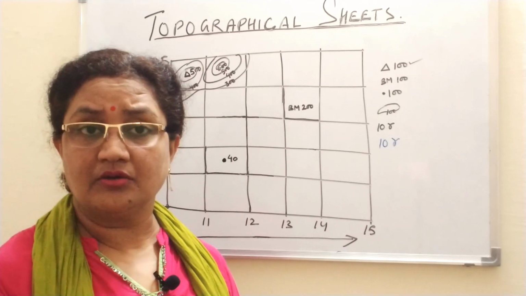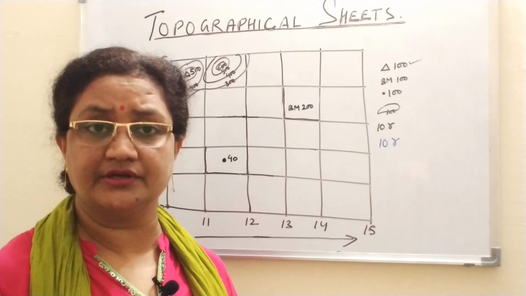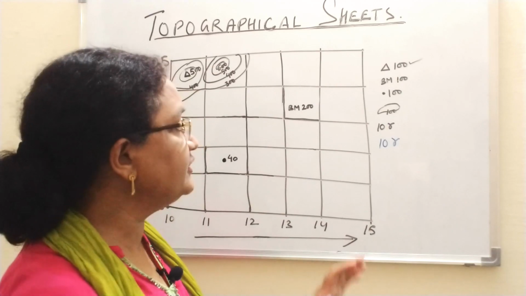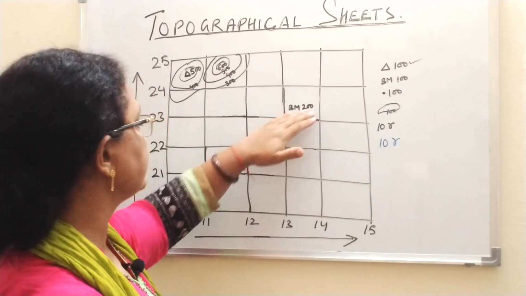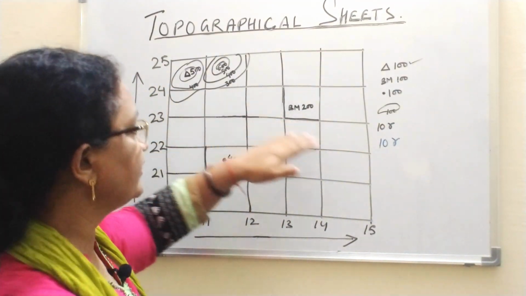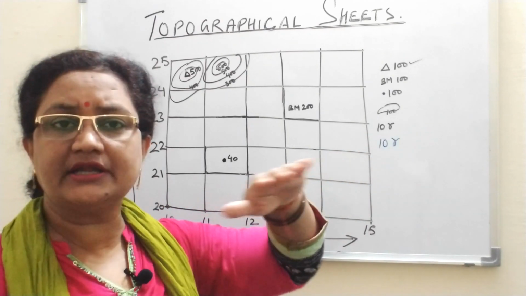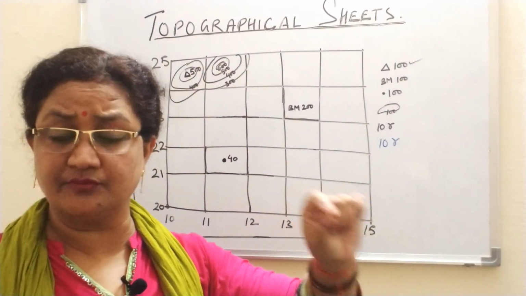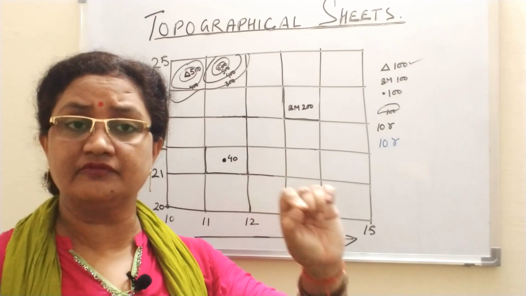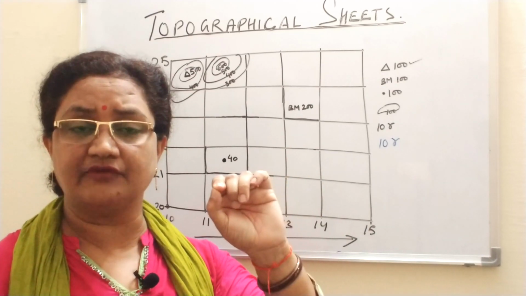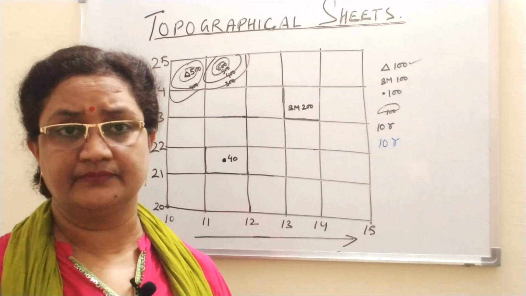Okay. One more thing I must tell you at this point, children: whenever it is mentioned 200, 40, 300, 100, 10, whatever is mentioned in numbers, it always indicates that the value is given in meters.